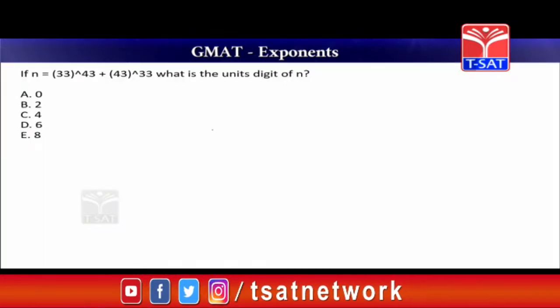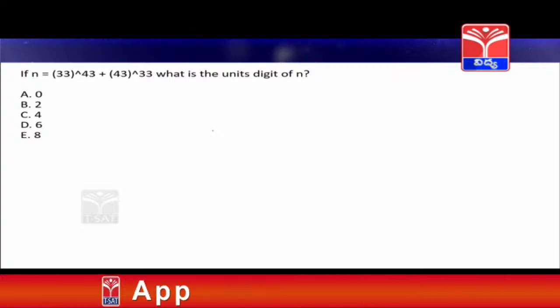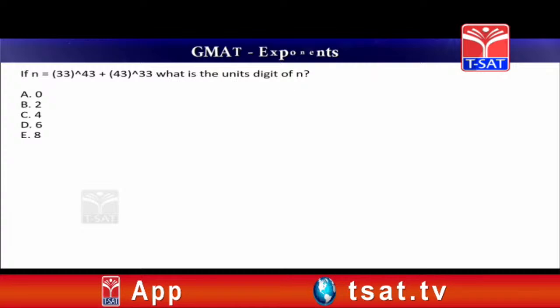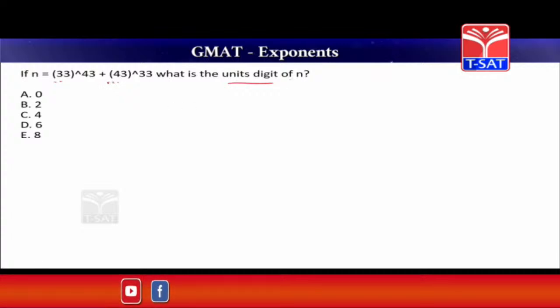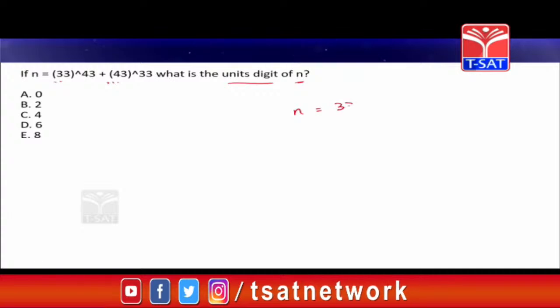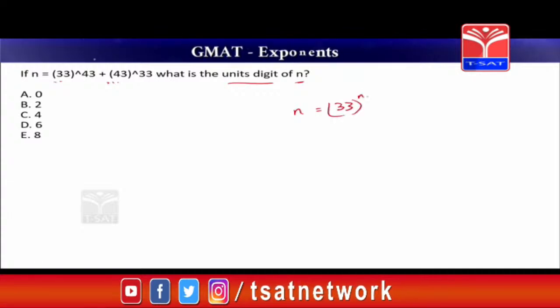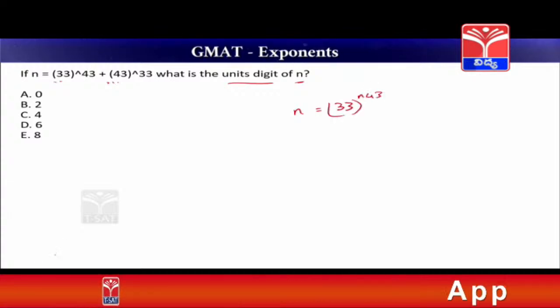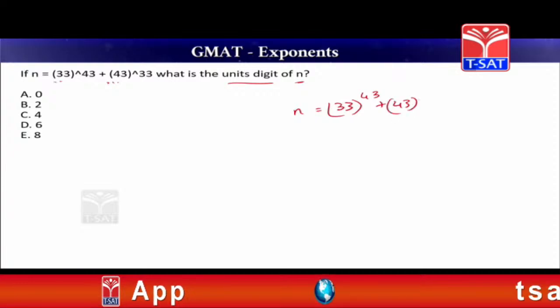If n is equal to 33 raised to 43 plus 43 raised to 33, what is the units digit of n? So when you're calculating the units digit, you can forget whatever comes before the units digit. You're only concerned about the units digit. So n is equal to 33 to the power of 43 plus 43 raised to 33.